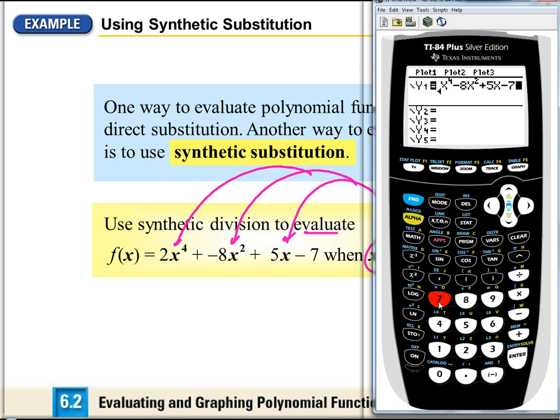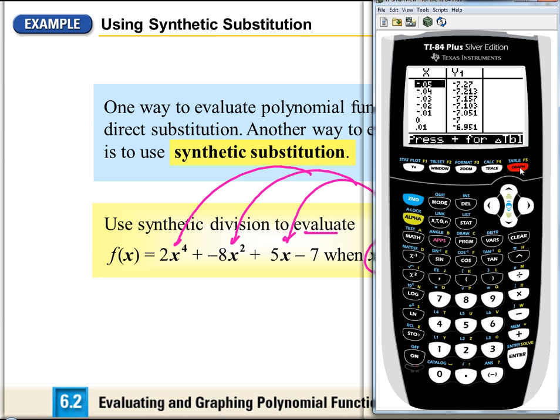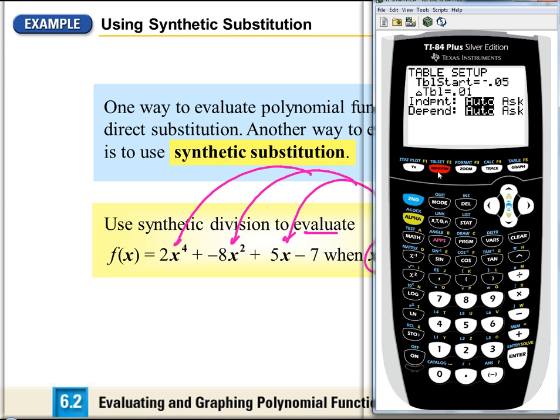Just hit enter. And now if I go to second table, my table's not set up very well. My x's are going by really small increments because we were doing something in calculus. So I'd want to set the table differently. I go second table set, and I want my start value to be, let's say, 0.